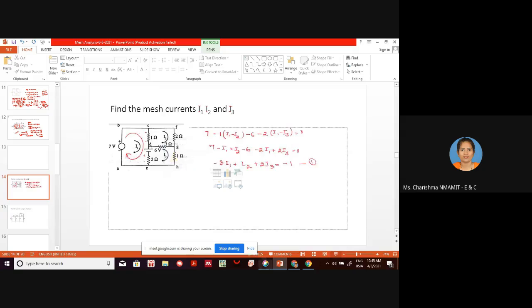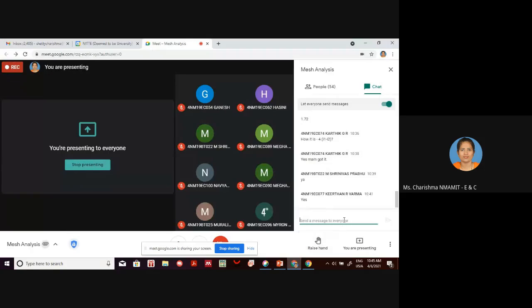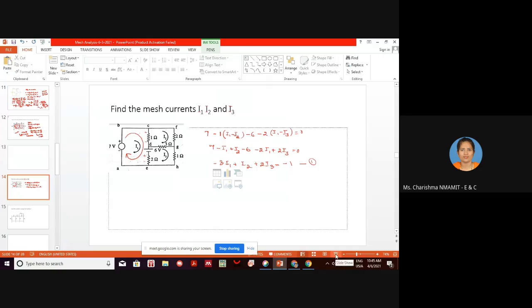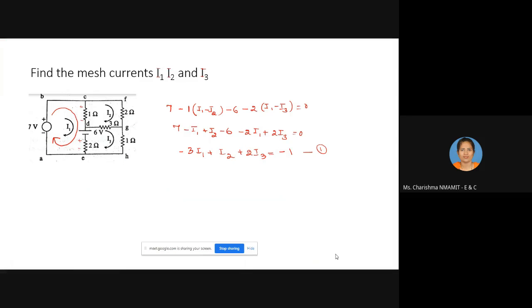Similarly, write the second and third equation. Are there any doubts in writing the first equation? Write the second equation. Now you are moving in the direction of I2. Here you have three resistors, so you need to write the voltage drop across those three resistors.